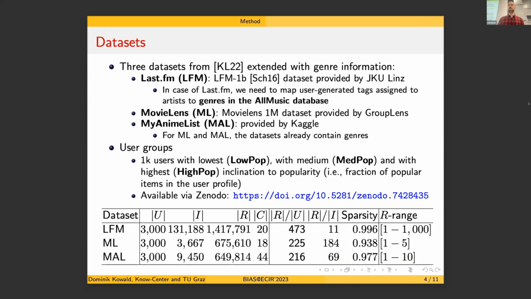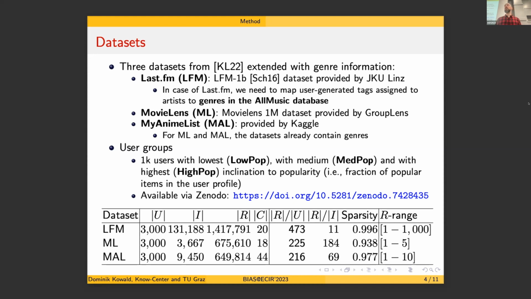And here we mapped user-generated text that users in Last.fm applied to music artists to the AllMusic database to get the genre information. And then for the other 2 datasets, MovieLens and MyAnimeList, the original datasets already come with genre information, and we just need to map them to the given items.